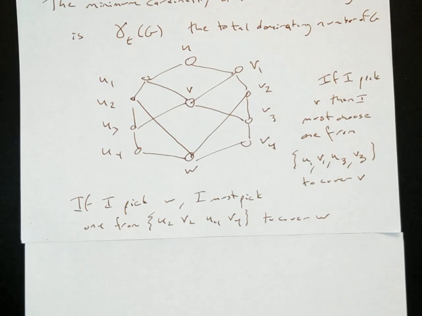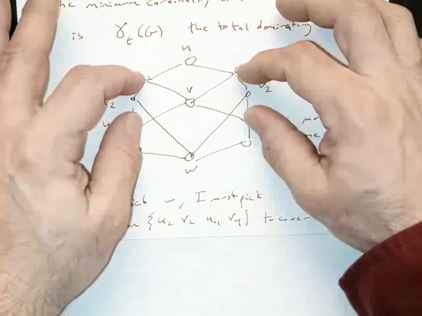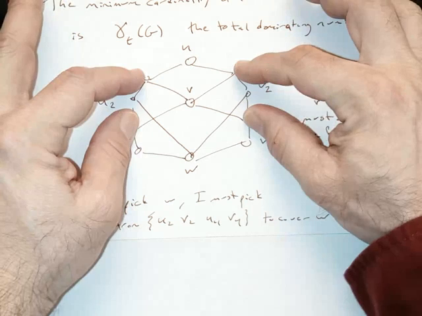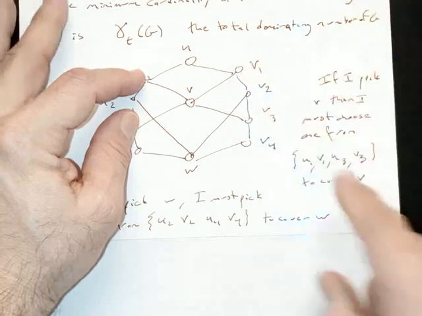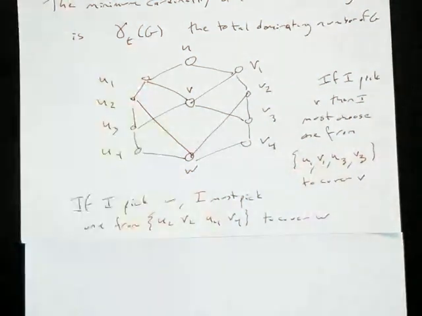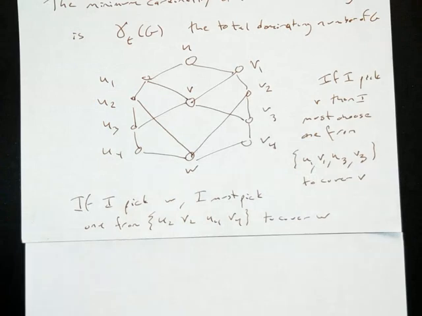So, if I pick V, taking care of those four. But notice V and one of those would cover 5. W and one of those would cover 5.